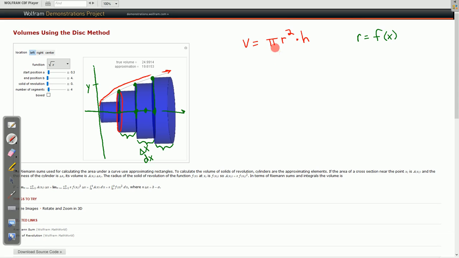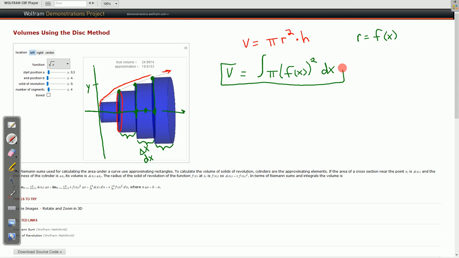So our volume formula becomes pi times f of x squared dx. And then to add them all up, we take the integral. And so that becomes our volume formula right there.